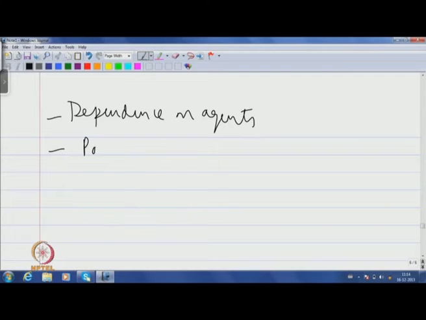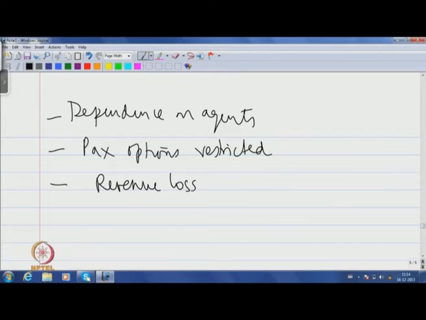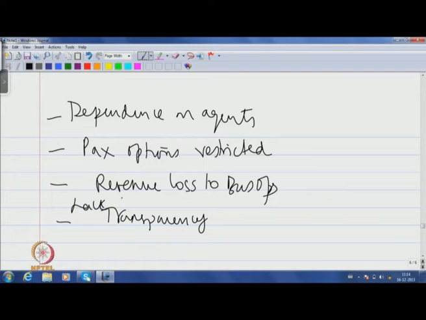Then passenger options restricted, as a result of which revenue loss to bus operators, and a major challenge was transparency, the lack of transparency, which could also result in revenue loss for the bus operators.